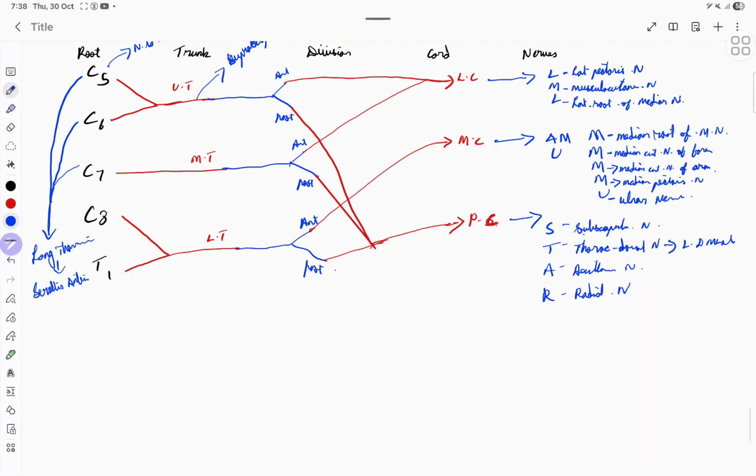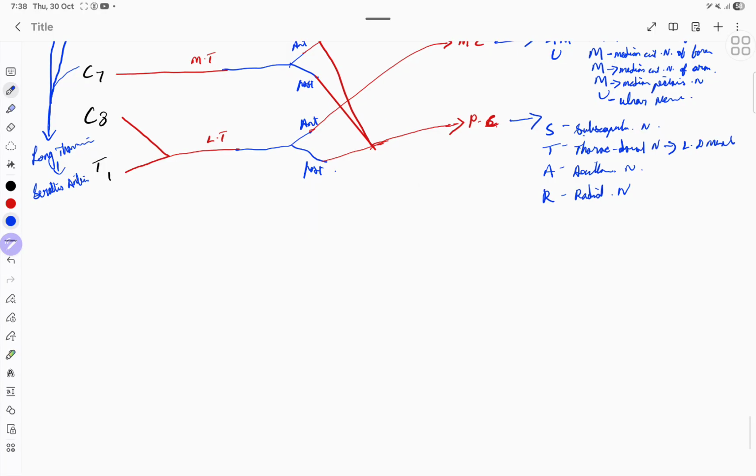In this video, we will be seeing the localization to roots and trunk alone. For localizing to the root, step 1 is always to check for winging of scapula, which presents in long thoracic nerve weakness.